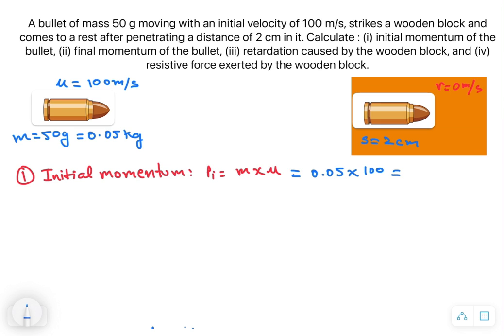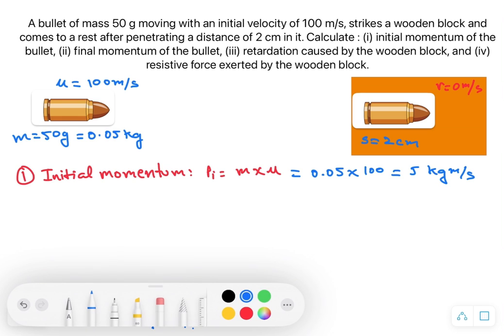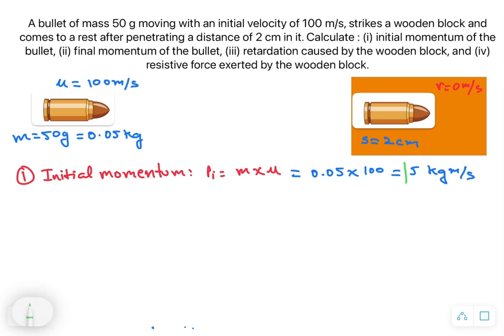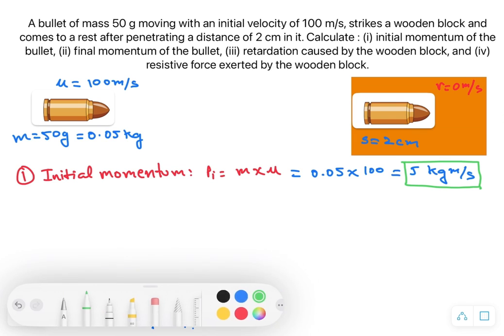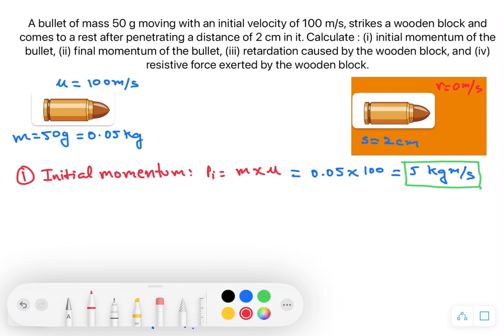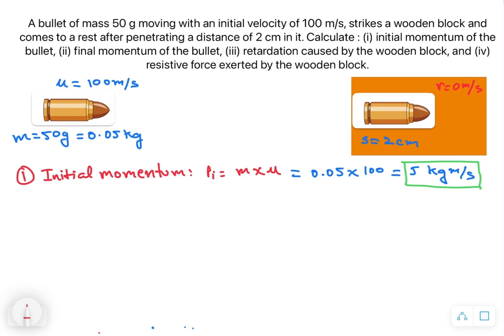Initial momentum will be 5 kg meters per second. Now let us calculate the final momentum.